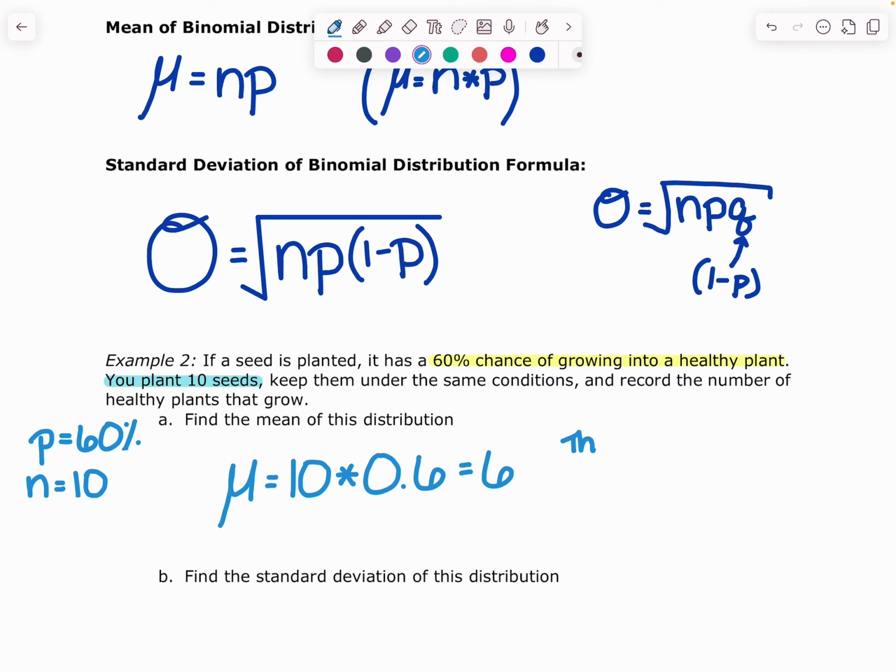So the mean number of plants that grow is 6, or on average, 6 plants grow.